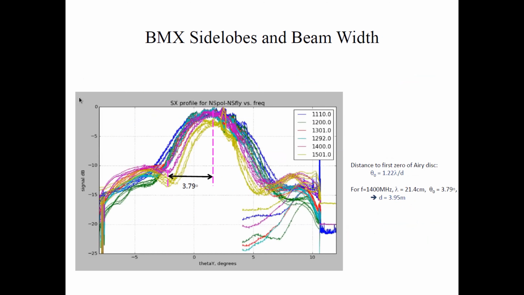I'm curious, what are these tails on the right side, positive theta y here, below the side lobe? They're like a set of 6 lines that lie below the rest of them. Yeah, let's see. I'm not sure what those are.